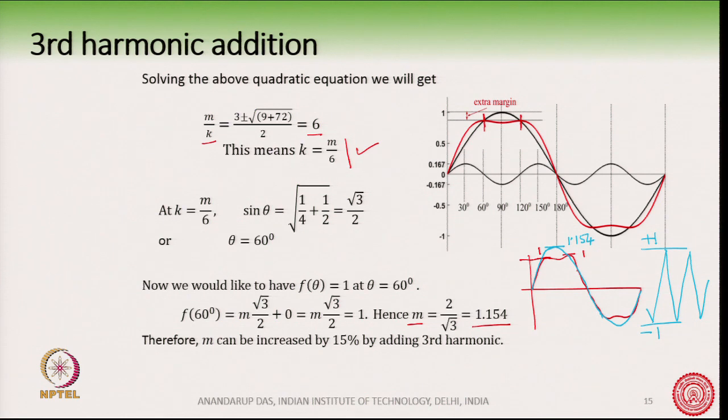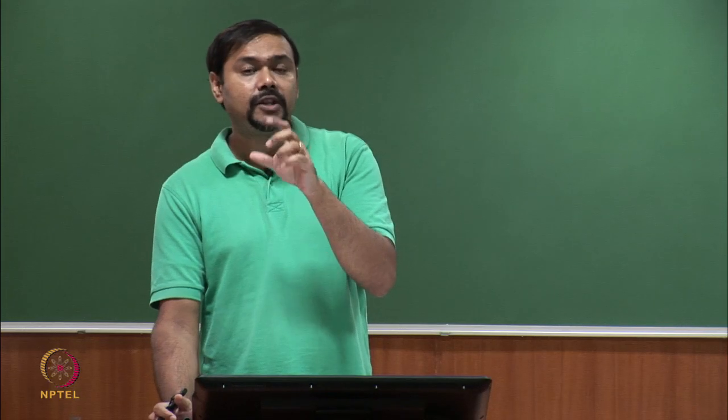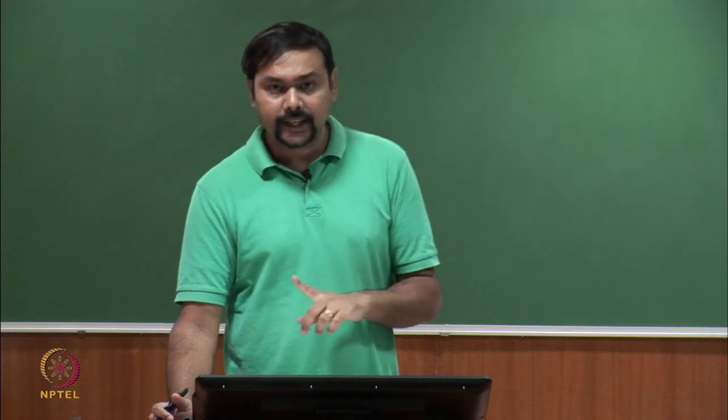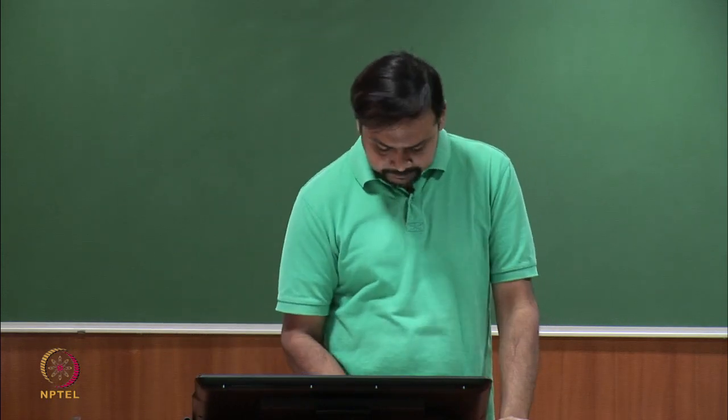So, if we have 15% more in the fundamental in the pole voltage, it will appear across the load. Therefore, with the help of this third harmonic we are able to get 15% more voltage from the same DC bus into the load. So, that is the whole idea.